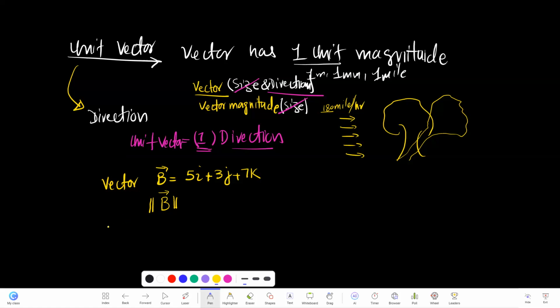But in this book, if it's a vector like A or B, you use double, but if it's A cross B, after you get a product, then they use single. That's how it works in this book. So this magnitude has two different kinds of notation. Make sure you note them. And I'm going to do the same thing, so it's going to be 25 plus 9 plus 49. What would be the answer for this? Please put your answer in the chat.